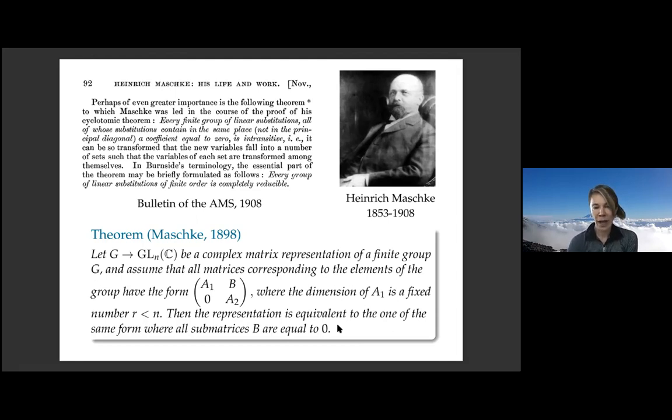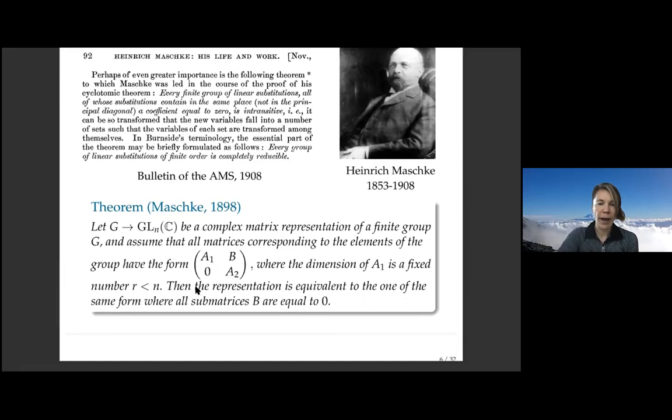So in terms of linear algebra, Maschke's theorem tells us that if we have a complex representation of a finite group, so base field is C, such that when we map G to GL_n under this representation, we land in a block matrix, like the one here, we can always change bases to get rid of this matrix B, so just block diagonal. That's all it says.